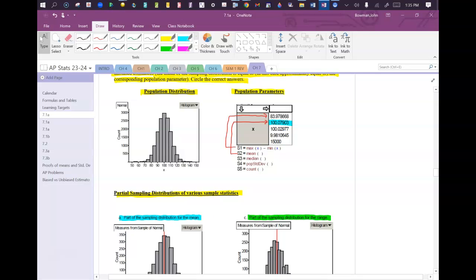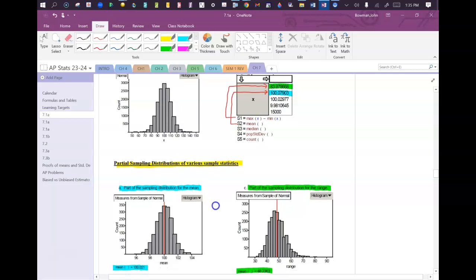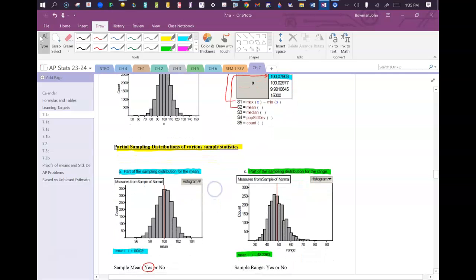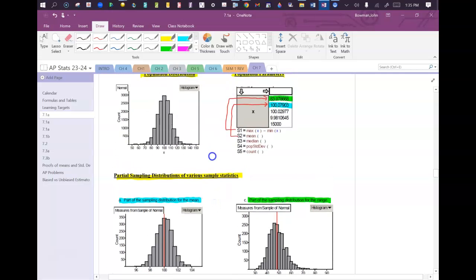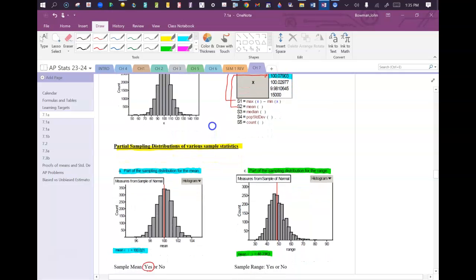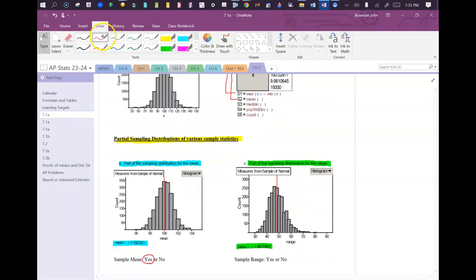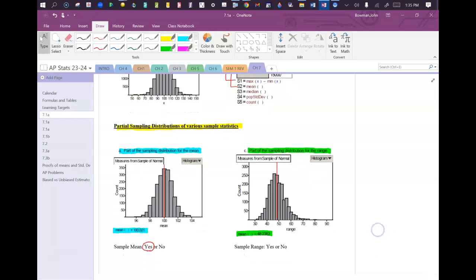If we go back to the top, the population range is 83.9, almost 84. Are those even close to each other? Is the mean of the partial sampling distribution equal to or even close to the population range? No, it's not. So the sample range is not an unbiased estimator of the population range. So that's one that we'll avoid. We're only interested in those statistics that are unbiased estimators.